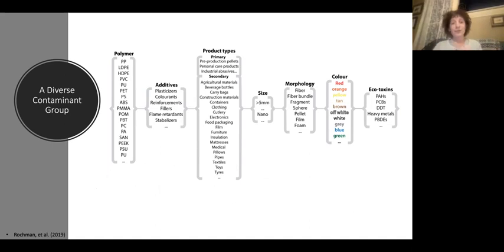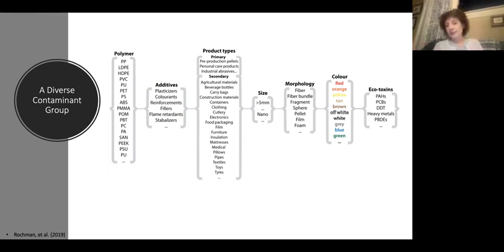And as you can see from this chart, which is from that same paper I mentioned earlier, you have this exhaustive list of polymer types, additives that are used from plasticizers to fillers to flame retardants, types of products that they come from, which can influence how they fragment and what shape the secondary microplastics that break down from them are.